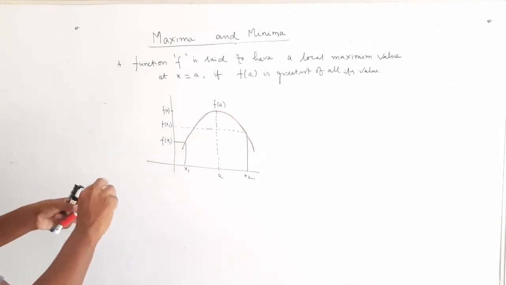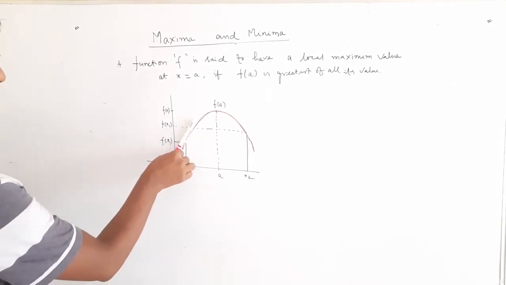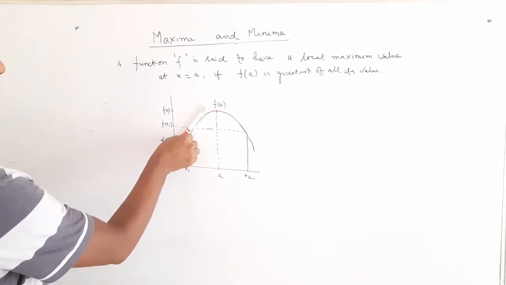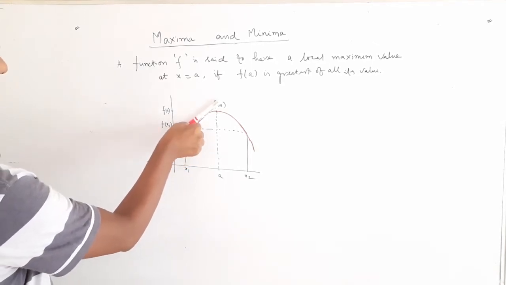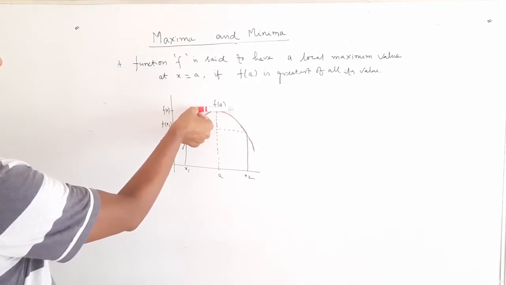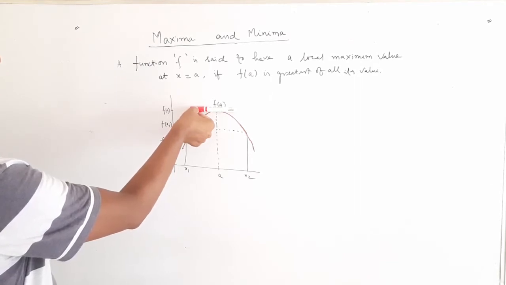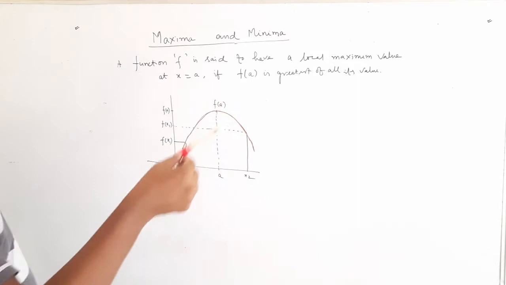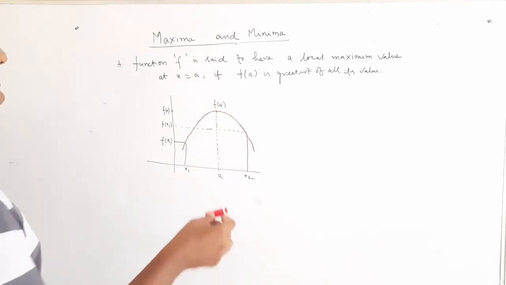This pen is acting as a tangent line at this point. It makes an acute angle here, here also acute angle, and here the angle made by this line with the positive direction of the x-axis is 0. This is the case of the critical value, and the differentiation is 0 because this pen represents the tangent and there is f dash x.